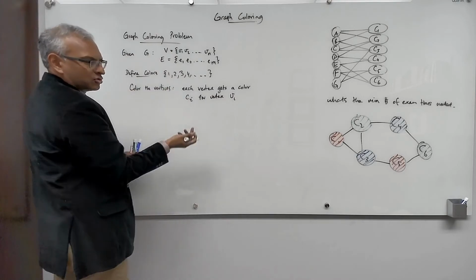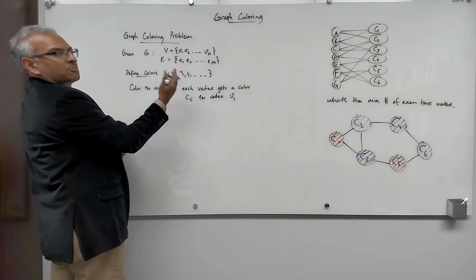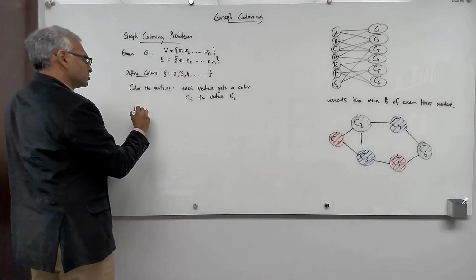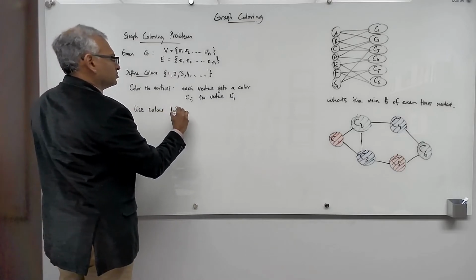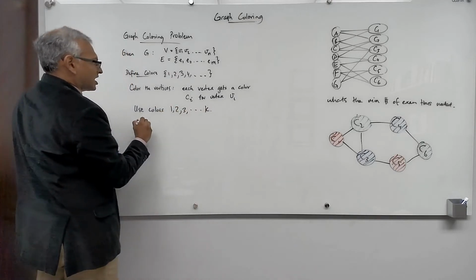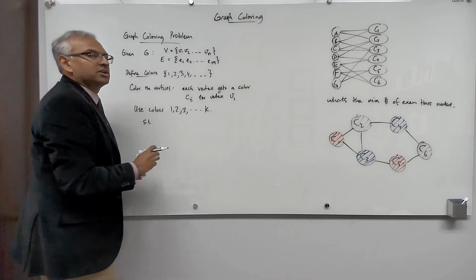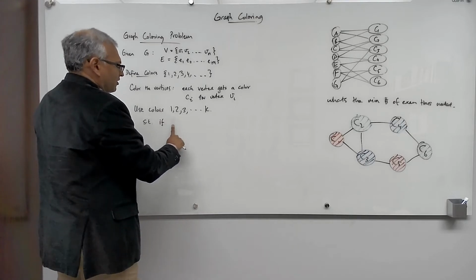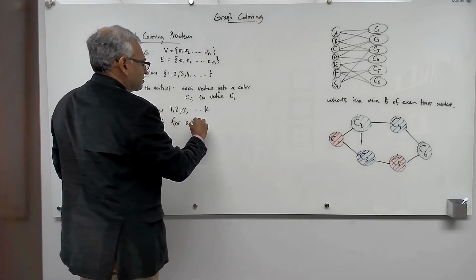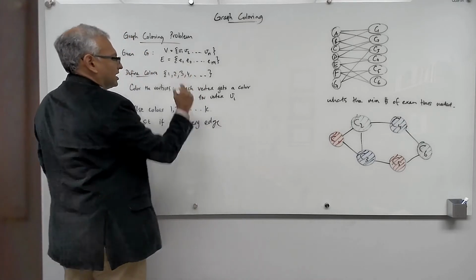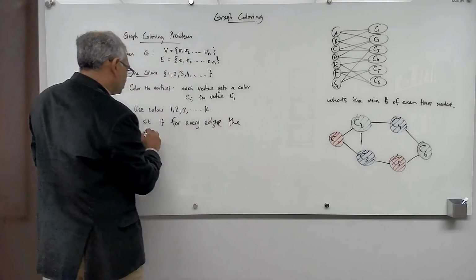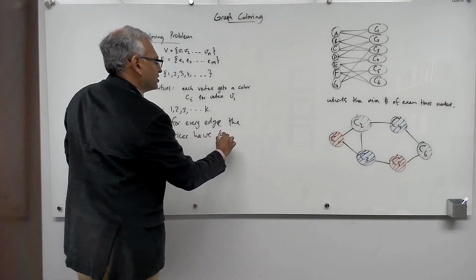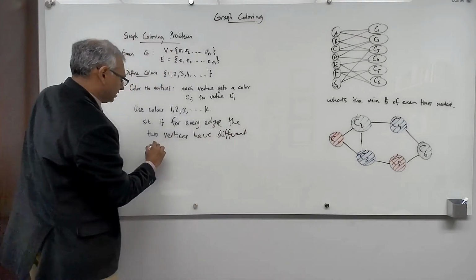Okay, and we'll assume that you try to use the smallest indexed colors. So you try to use the colors 1, 2, 3 up to K such that if 2 vertices share an edge, such that for every edge, the two vertices have different colors.